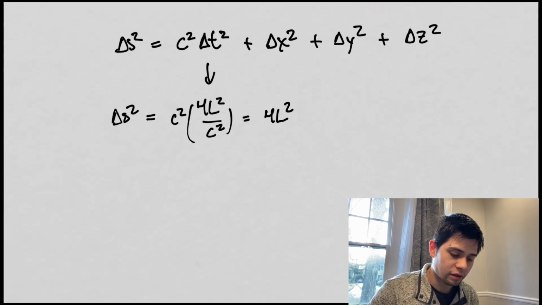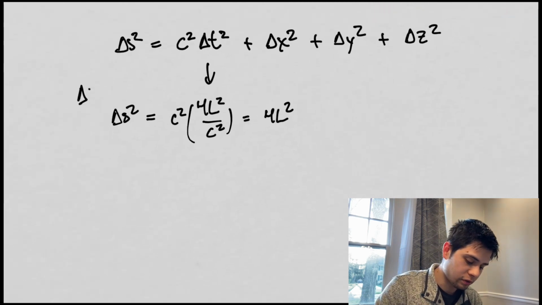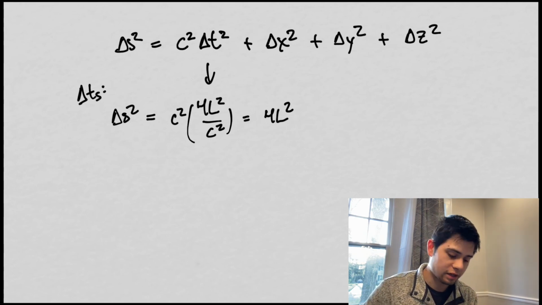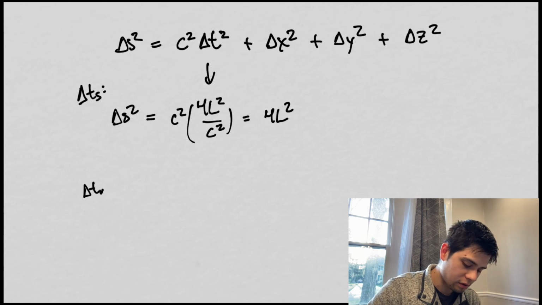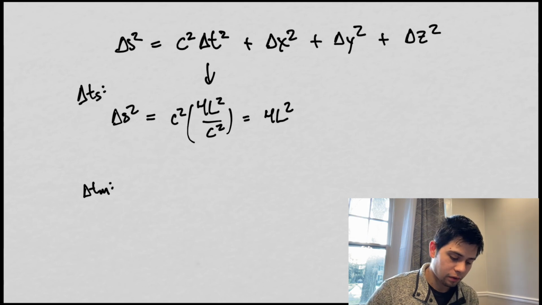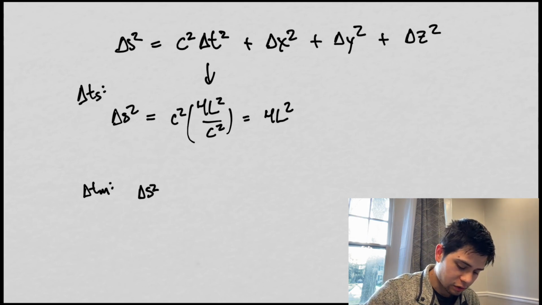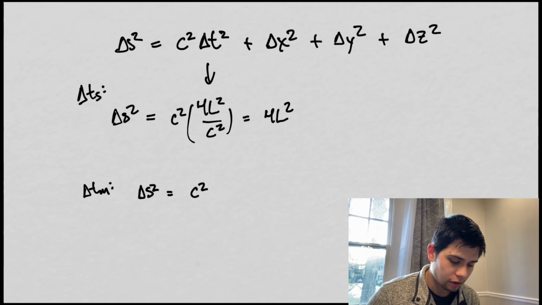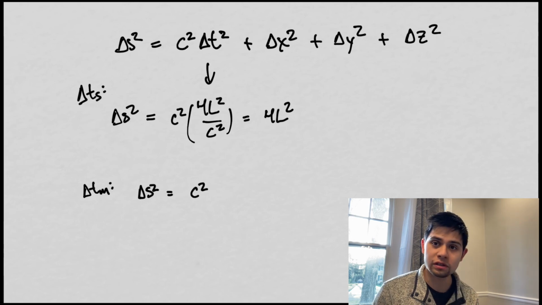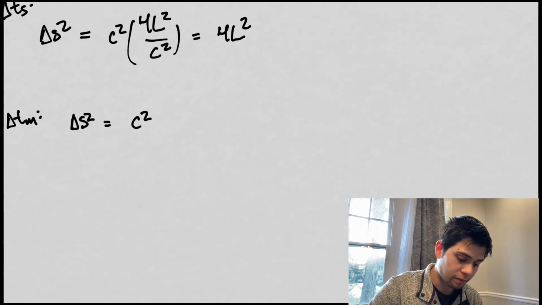So instead of TS, let's use TM. If we use TM, we're going to get that delta S squared is equal to C squared times delta T, where we're going to use delta TM this time, the moving frame.